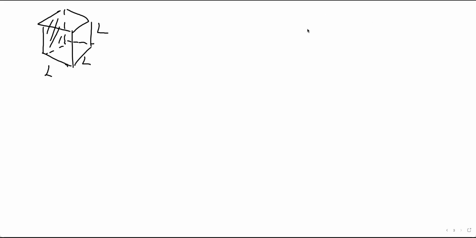And we're talking about the gas molecule hitting this wall. Then we let the axes be like this: this is the Z axis, this is the X axis, and this is the Y axis.